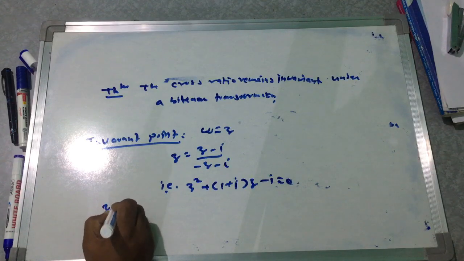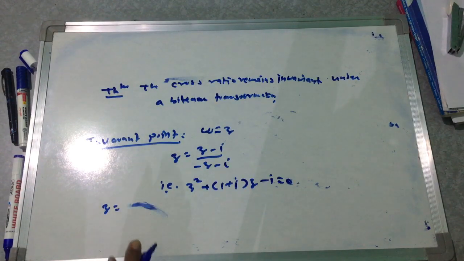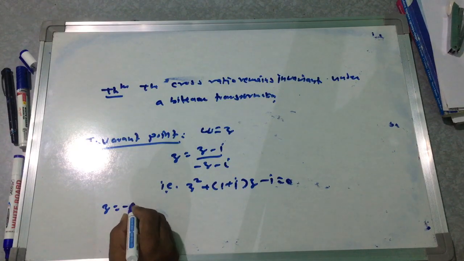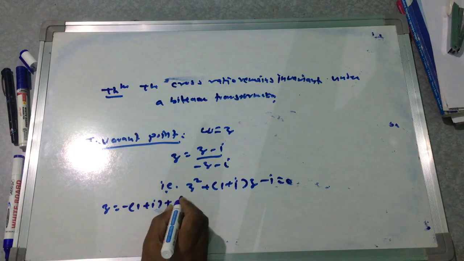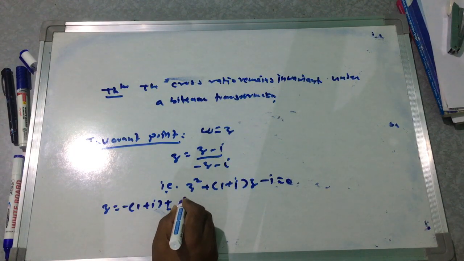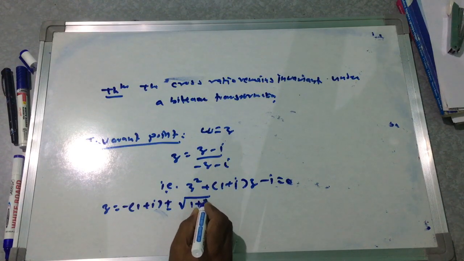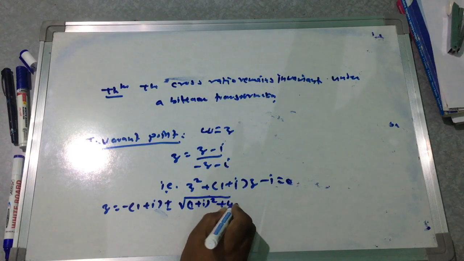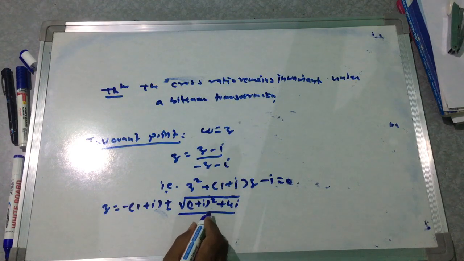Then Z is equal to minus (1 plus I) plus or minus root of ((1 plus I) square plus 4I) upon 2.